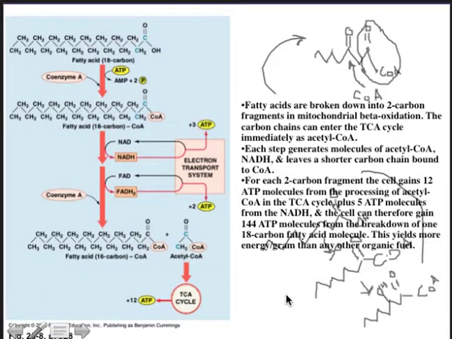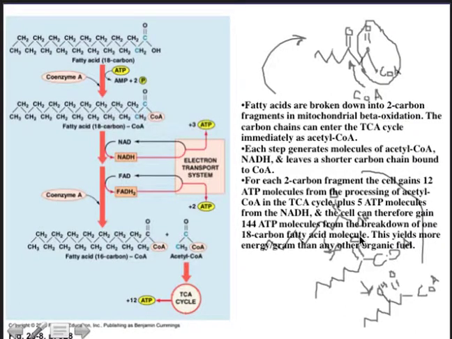Each 2 carbon fragment that the cell gains gains 12 ATP molecules from the processing of the acetyl-CoA in the TCA cycle, plus 5 ATP molecules from the NADH, and the cell can therefore gain about 144 ATP molecules from the breakdown of one 18-carbon fatty acid molecule.